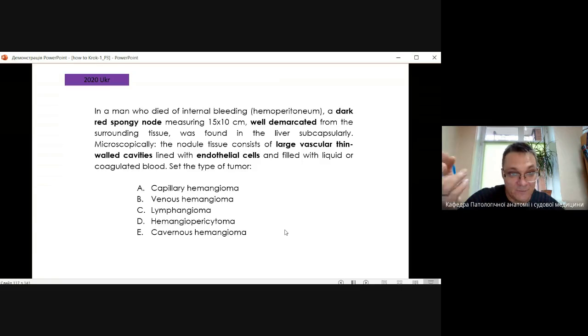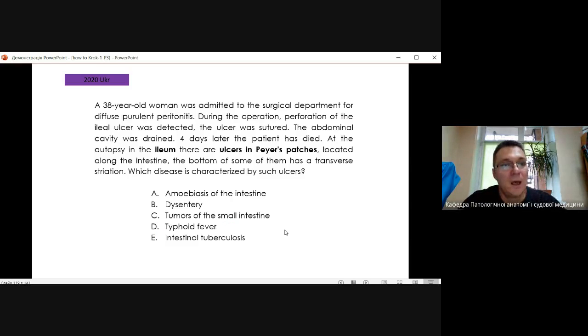That's some hemangioma. But since we have large vascular thin-walled cavities resembling caverns, most probably it's cavernous hemangioma. And that's exactly the most common complication after surgery, the bleeding, internal bleeding. Sometimes it's very hard to stop.